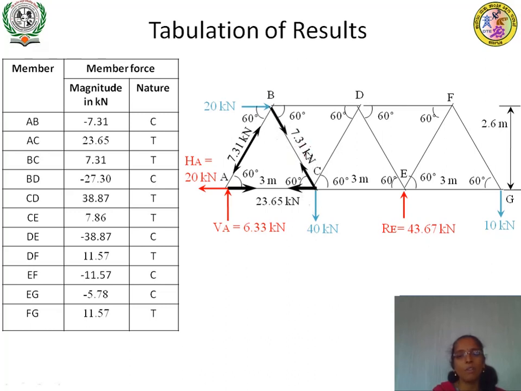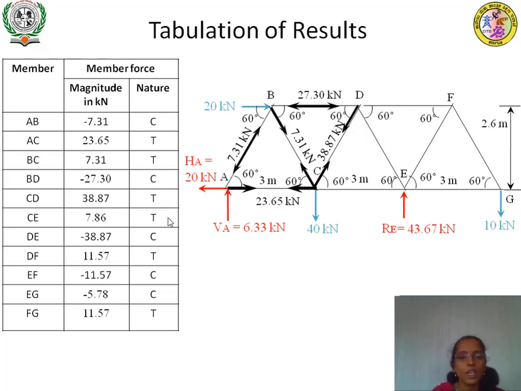Next BD, compressive force of 27.3, compressive, arrow marks should be towards the joints, and the magnitude is 27.3. And CD plus 38.87 tensile force. Tensile means arrow mark should be away from the joint, 38.87 kilonewton.